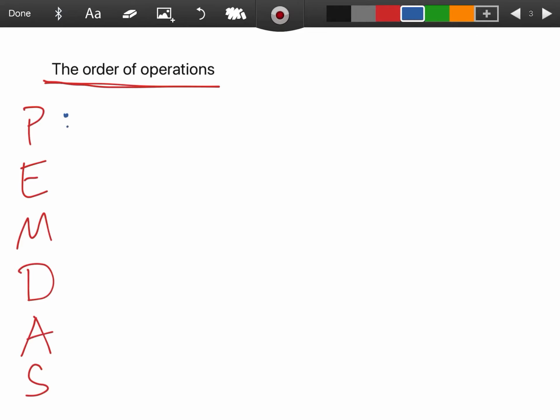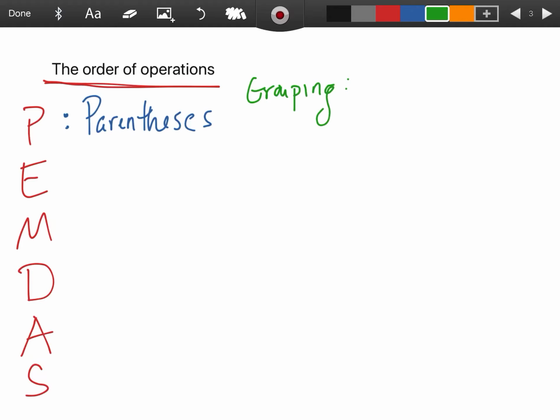So this first one, this P stands for parentheses. Okay, and when we talk about parentheses, these are when we're grouping certain sets of numbers together. So we can also think of parentheses as just groupings. Sometimes it's brackets. Sometimes it's with a fraction bar. So for example, these different groupings could be parentheses.